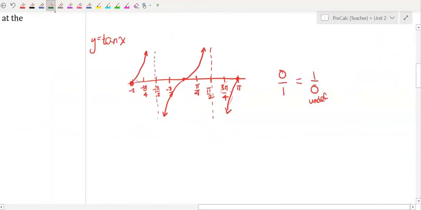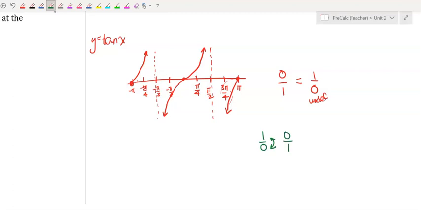Okay, and now also, wherever tangent was undefined, wherever that was 1 over 0, the reciprocal of that is 0 over 1, which is just 0. So wherever tangent was an asymptote, and so it was undefined, cotangent is actually going to be 0.